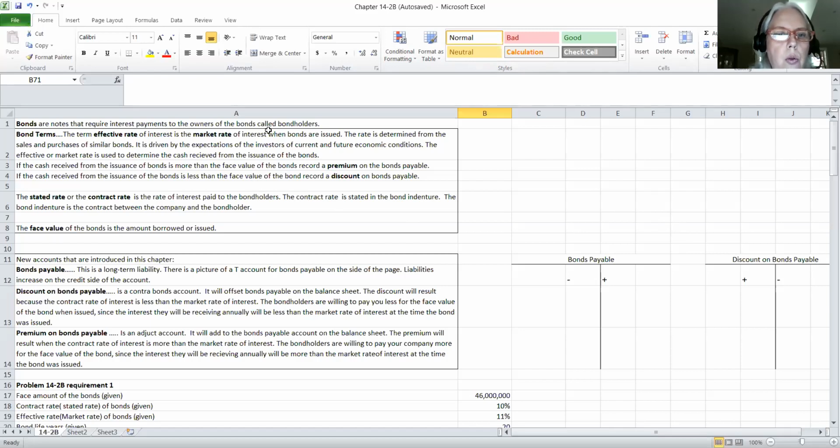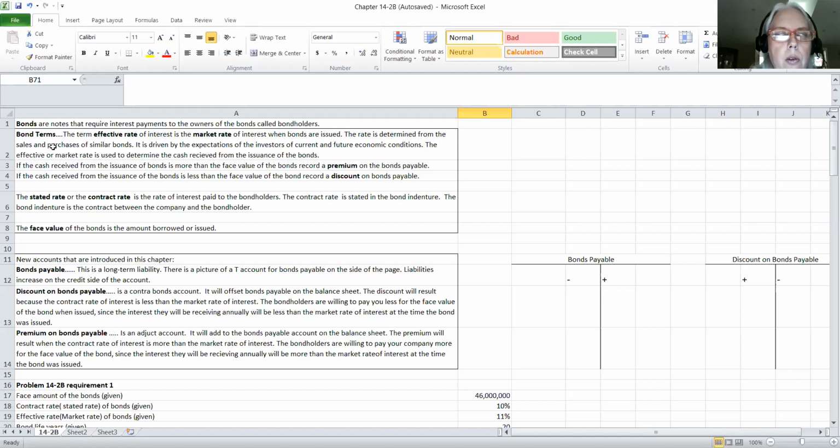Those owners are what we call bondholders. They're also the creditors of the company. So our corporation will be issuing bonds, or selling bonds, to the bondholders to raise money for the corporation.